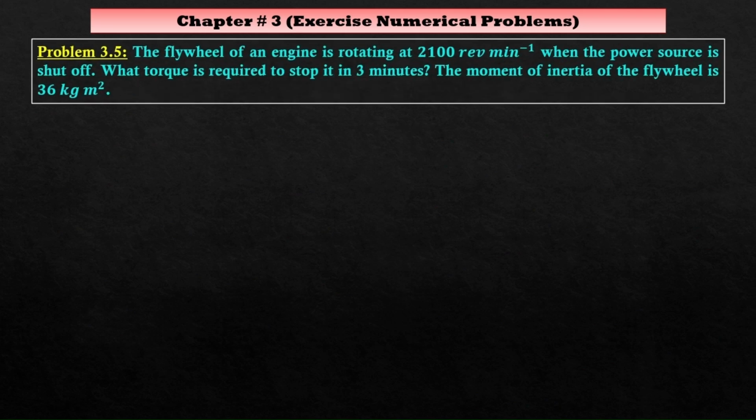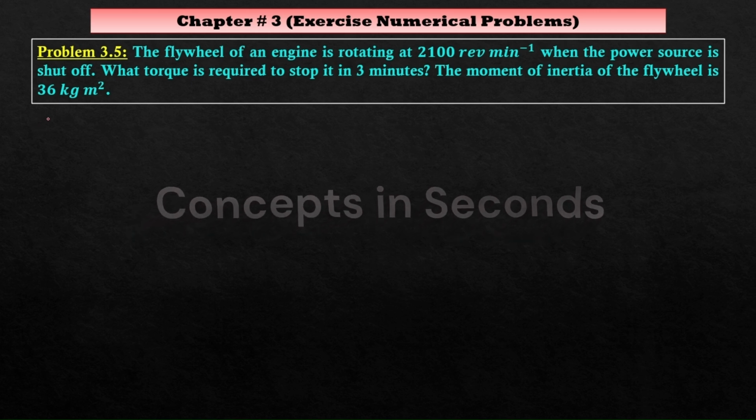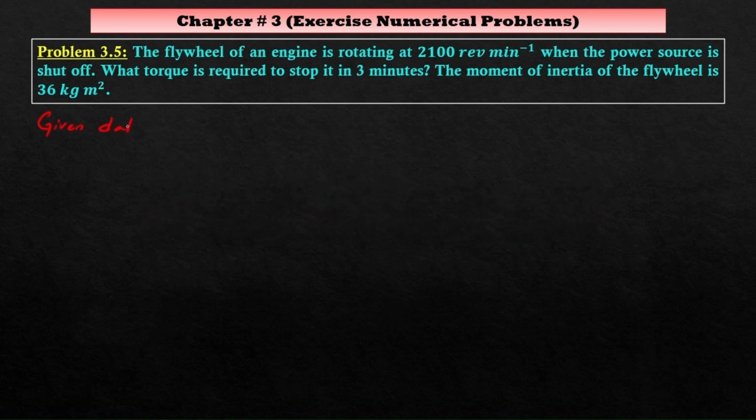Numerical number 3.5. A flywheel of an engine is rotating at 2100 revolution per minute. When the power source is shut off, what torque is required to stop it in 3 minutes? The moment of inertia of the flywheel is 36 kilogram meter square. So the given data is angular velocity of flywheel is equal to 2100 revolution per minute, which is converted into radian per second by multiplying it by 2 pi and dividing by 60.